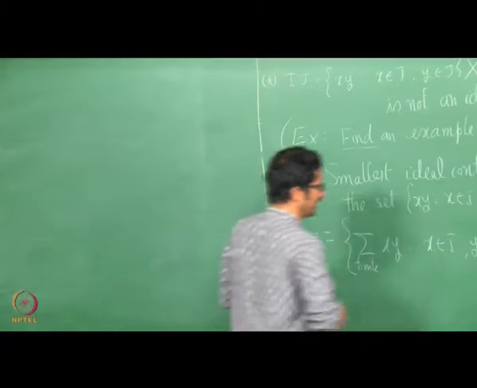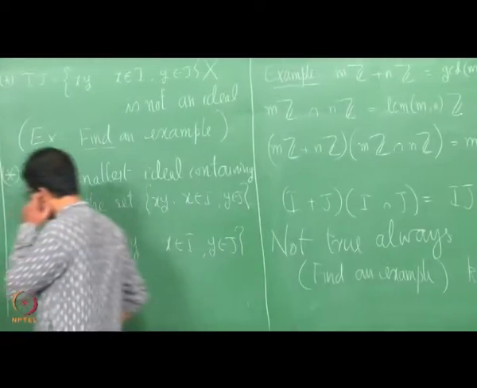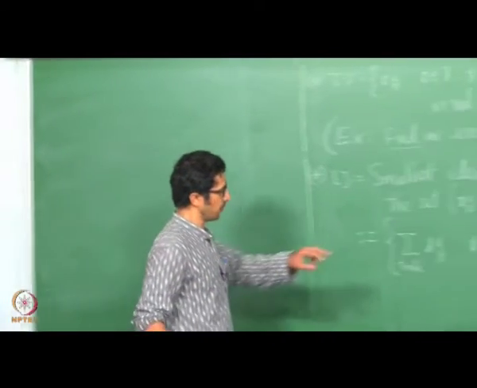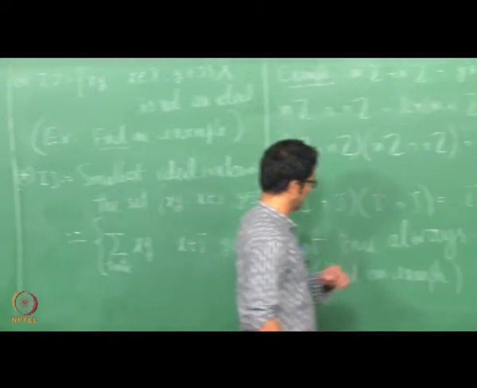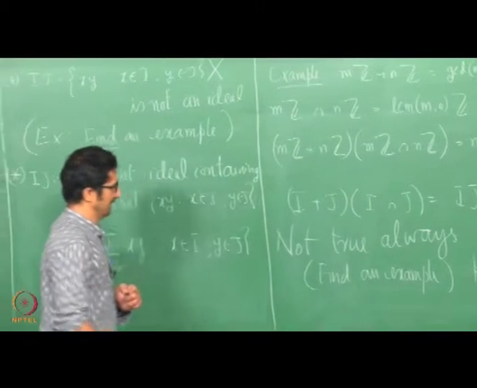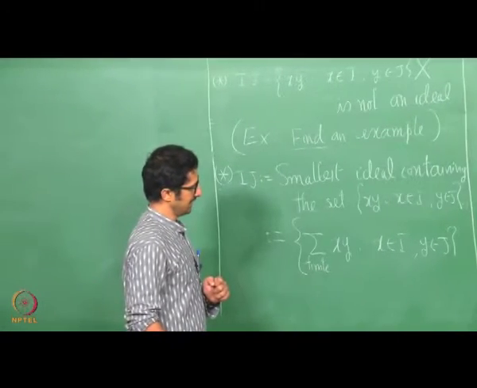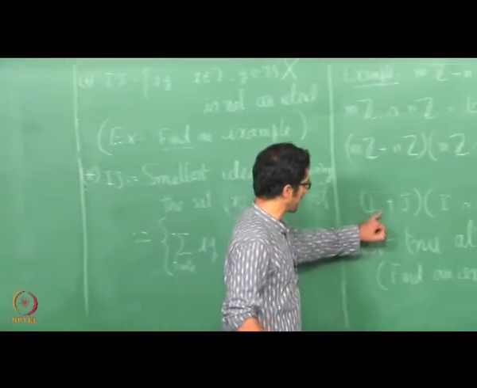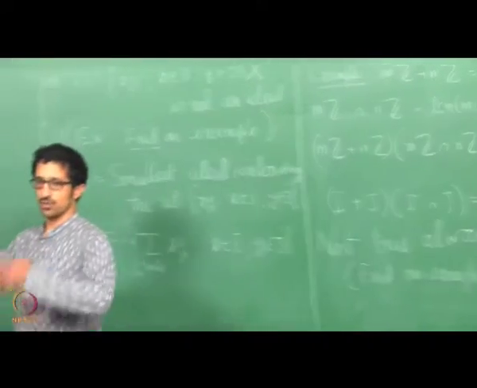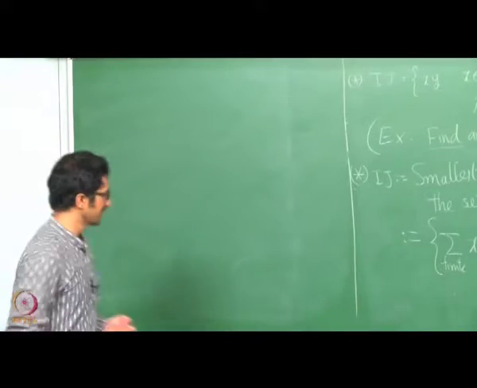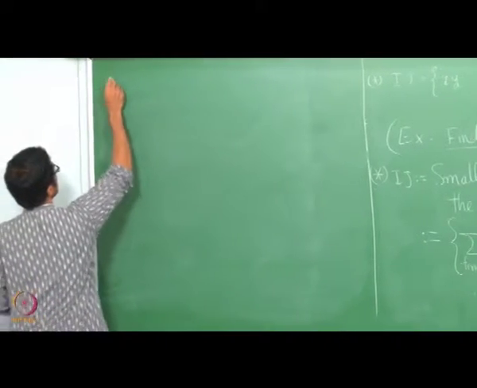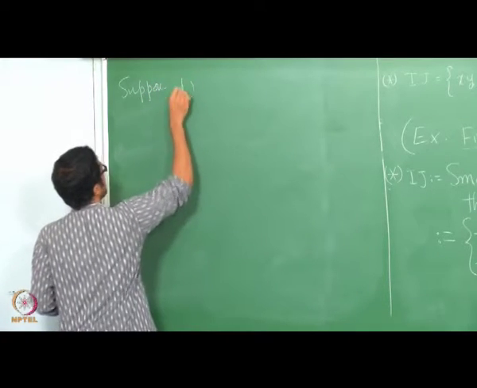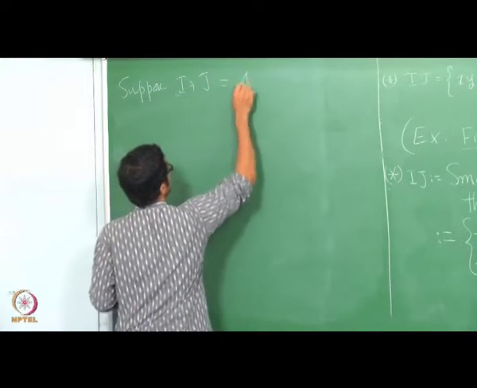Now this holds true if I plus J becomes the whole ring. So let us see, suppose I plus J is the whole ring.